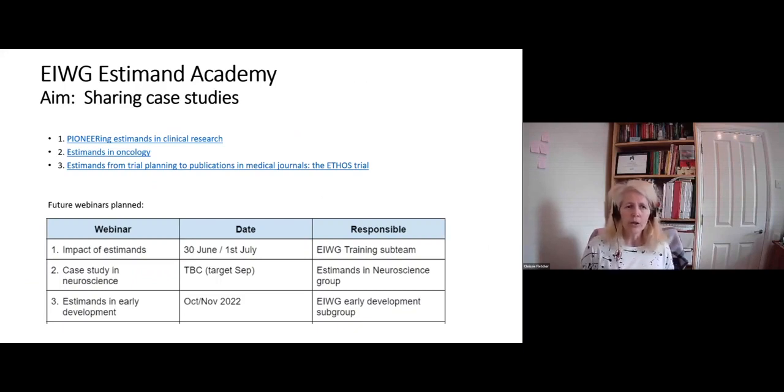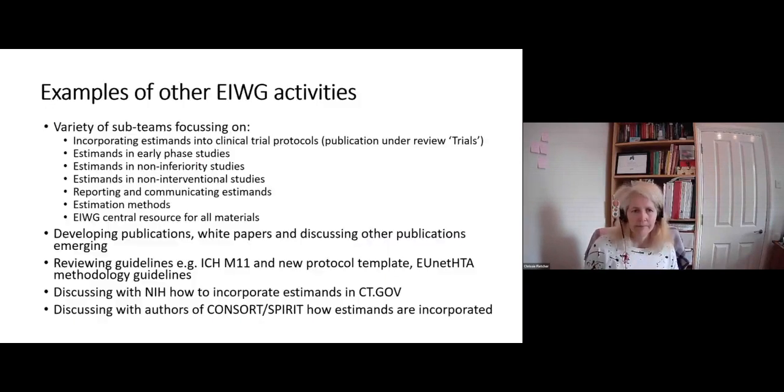There's one in oncology, and we talked about the ethos study, and that was getting into the publication side of medical journals. But we've got other ones being planned: the impact of estimands, a case study in neuroscience, and estimands in early development. And so every year now we're planning to share some of the broader applications of estimands.